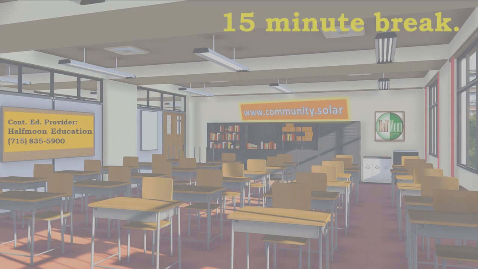So their address is 754 Bartlett Avenue, Altoona, Wisconsin. Let's see. So here we're going to define our roof space. And they're on a 4/12 roof pitch. The array faces south.